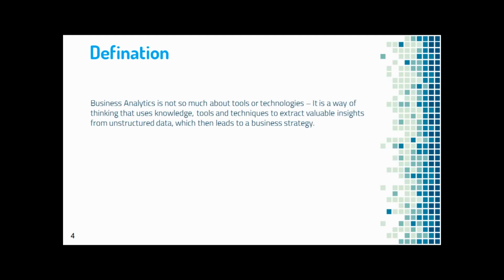Suppose after doing some analysis, we found that there is a need to increase the stock of a particular product. Let's say sweaters, because this time winter is going to be harsher. We are predicting this because we have the data of the last few years, and not only thinking, we have calculated that the chance of a harsher winter is higher this time, based on our data.